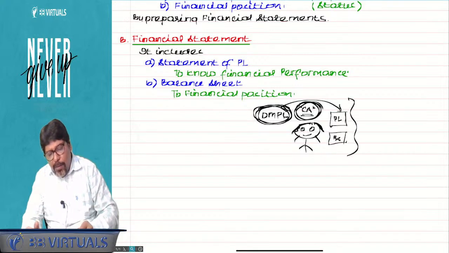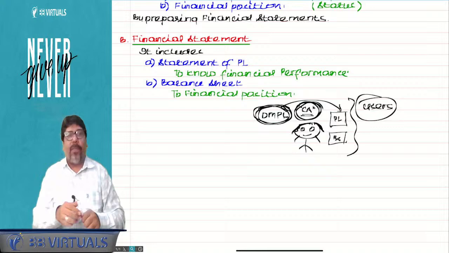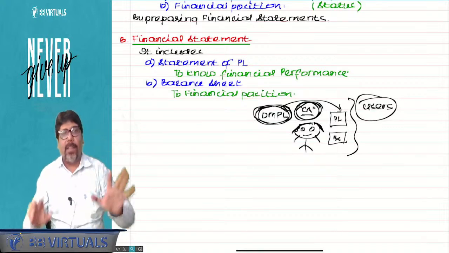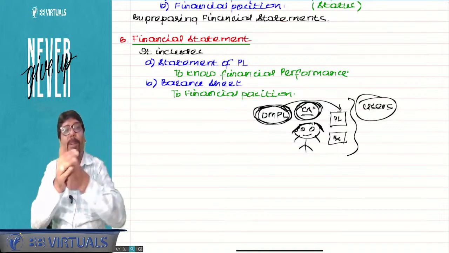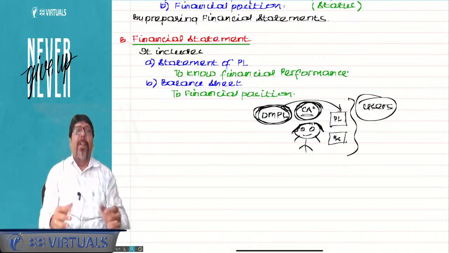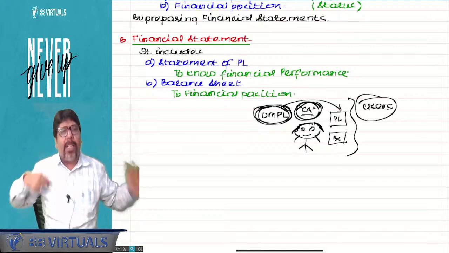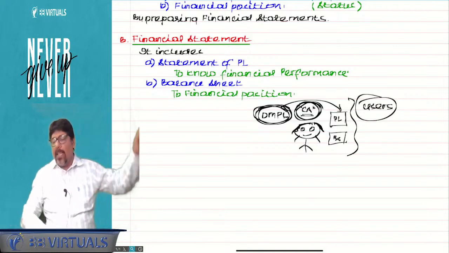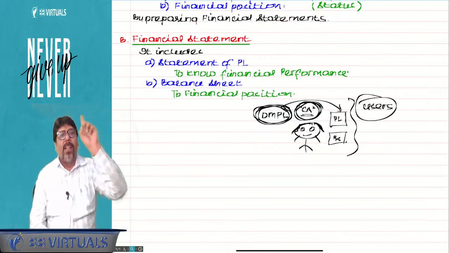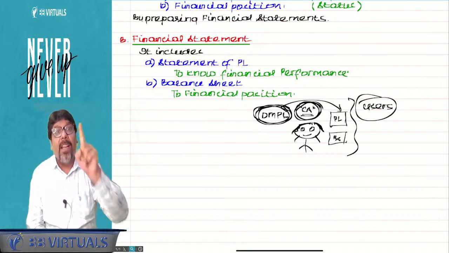Sir, for users of financial statements. Acha, who are the users of financial statements? Sir, there are 7 users. This you told in company final accounts also. Very good. Can you tell me who are the 7 users? Yes, sir. First user is investor.